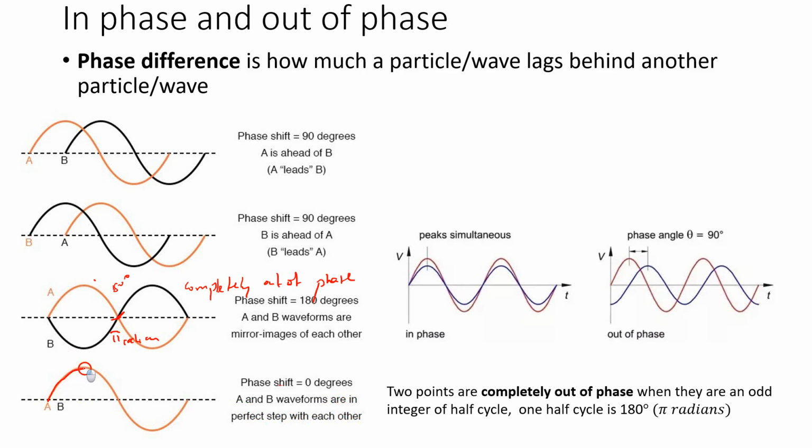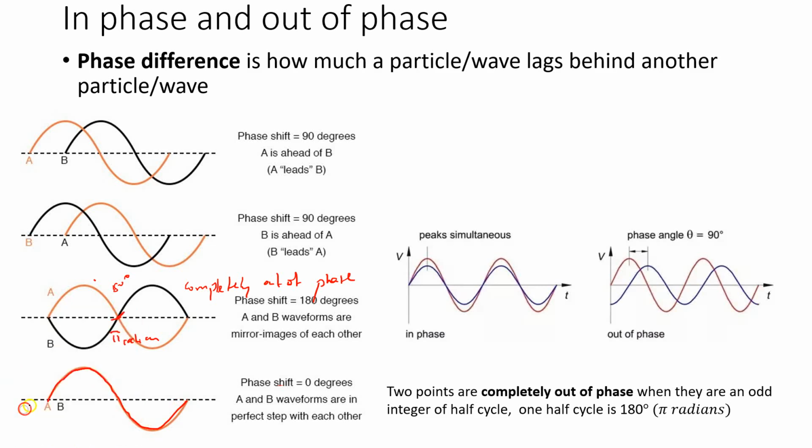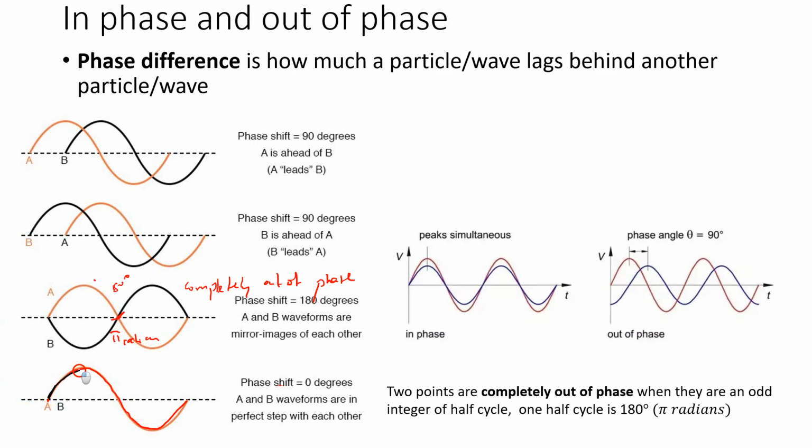So A is going like this, right? And now I'm going to use a different color for B. So B would be on the same wave as A. With that being said, we now say that these two waves are completely in phase with each other.